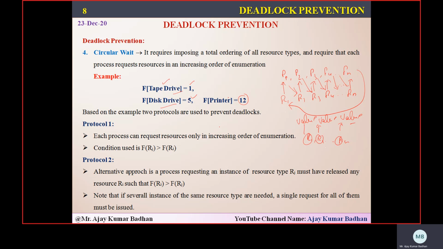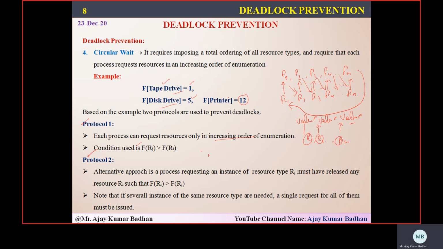Now based upon this, we are describing two protocols, and if you implement any one of these protocols, then this deadlock will not take place. So what is the first one here? The first protocol says that whenever a particular process requests a resource, it should request in an increasing order only.